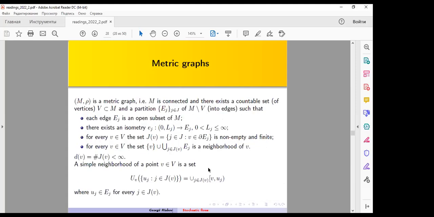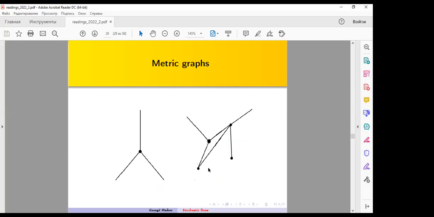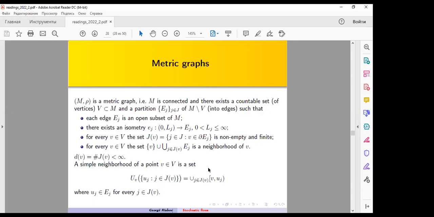These conditions are well suited to metric graphs. So a metric graph is a connected metric space. It has vertices and edges, and we assume that every vertex has a finite number of adjacent edges. Well, metric graphs look like this. Also, we will consider simple neighborhoods of points in a metric graph.